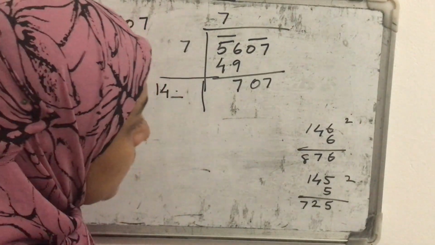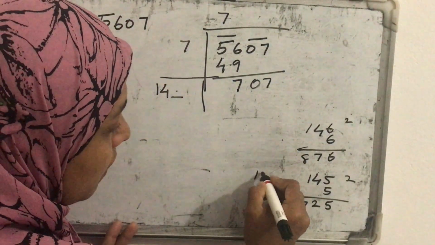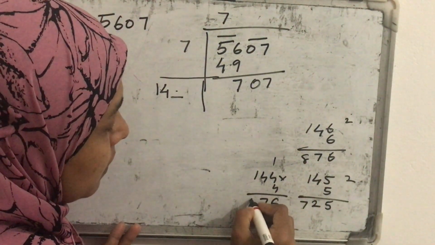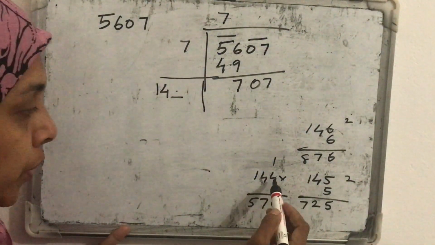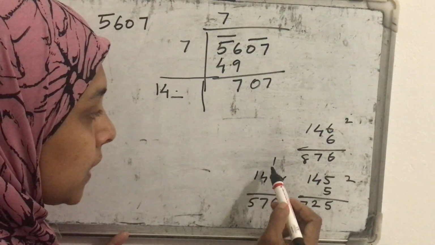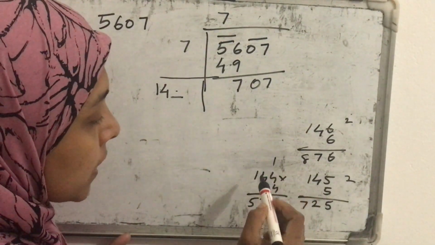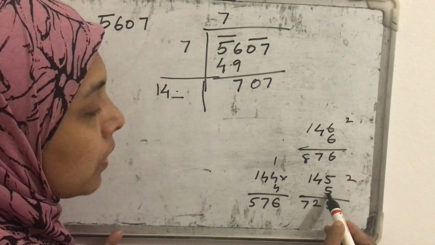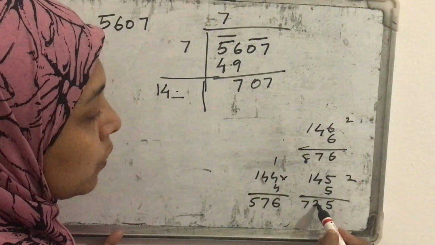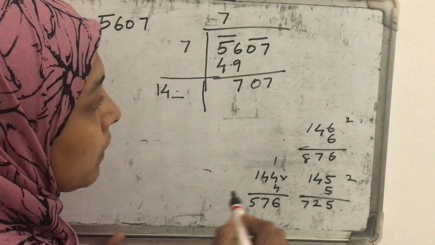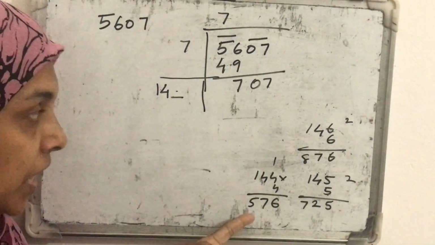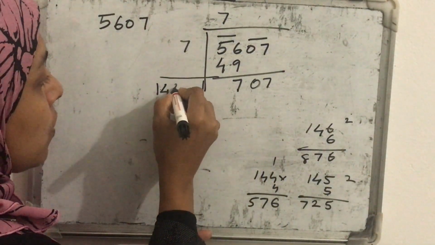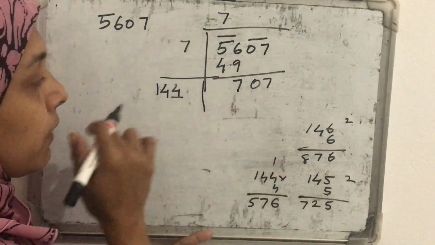Then we take 4, 144 into 4, that is 576. 4 into 4, 16, balance 1, 4 into 4, 16 plus 1, 17, 1 into 4. So which number do we write here, 4 or 5? It is only possible to write 4, otherwise it is greater than 707.